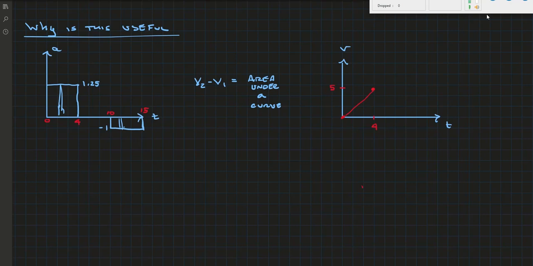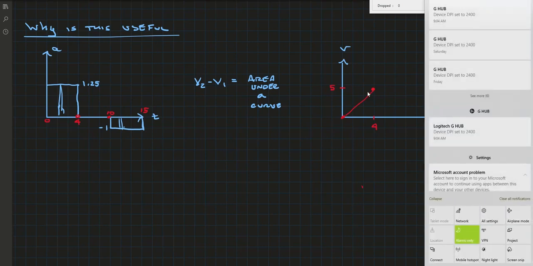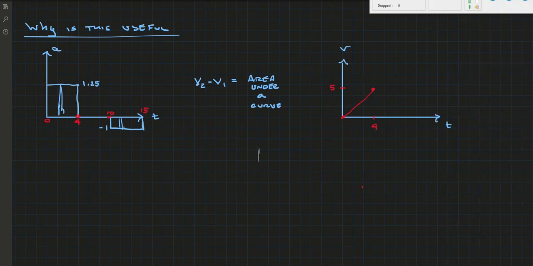Okay, so now between point 4 and 10, or time 4 and 10, the acceleration is still constant here, but it's equal to 0. So if the area under the curve for acceleration is equal to 0, then there is no change in velocity, and that exists through this whole situation between 4 and 10.